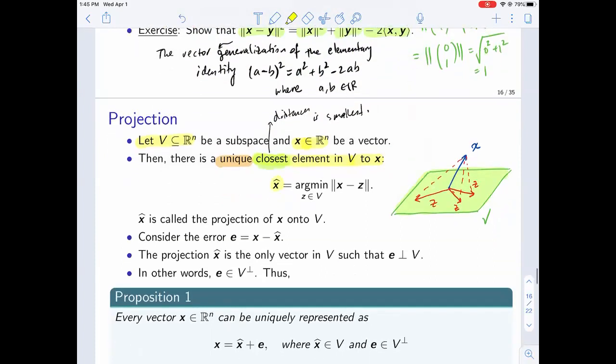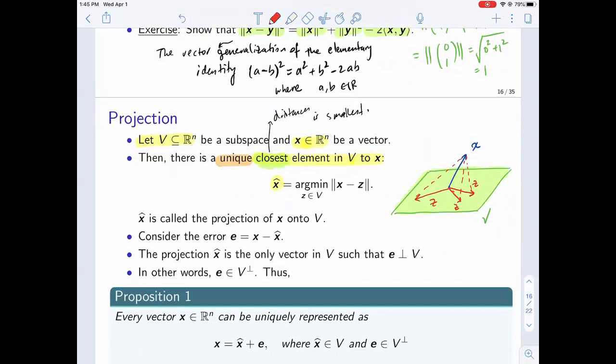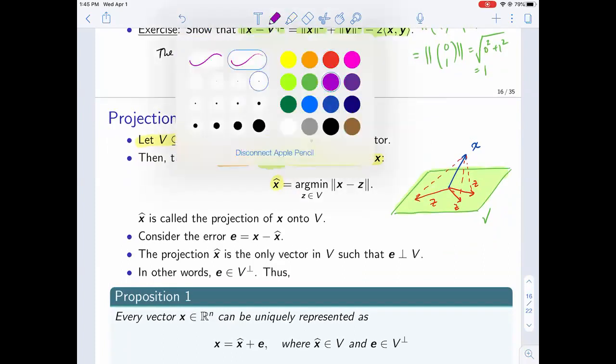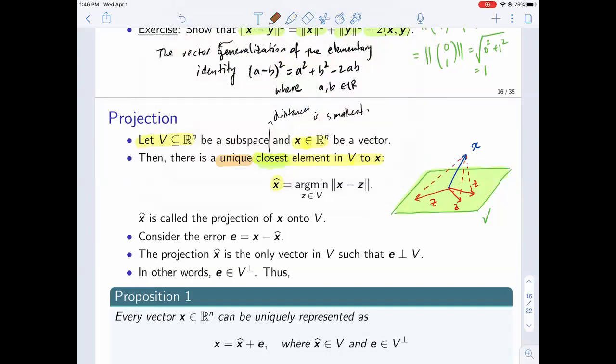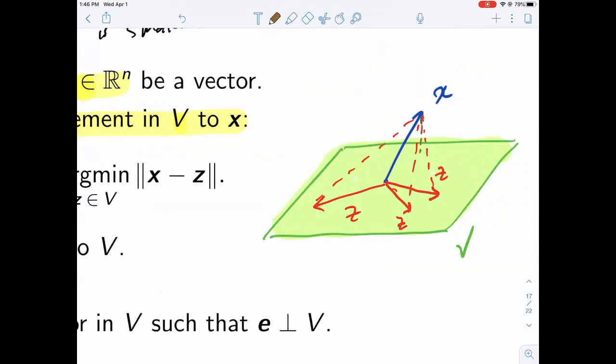We're all out of time, but just to mention this and then come back to it next time: the idea is that there's going to be one interesting z here, which is in fact the projection, and the projection has the property that this error vector is going to be orthogonal.